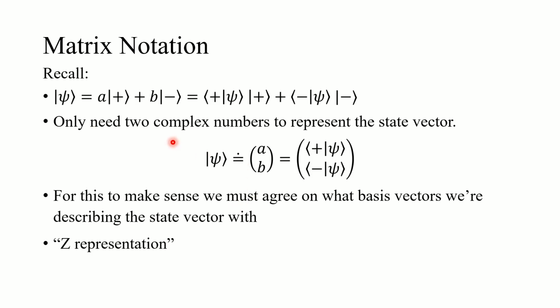So in this case, where we're using the spin up in the z direction and the spin down in the z direction as our basis kets, we're in what's called the z representation. So it can't be ambiguous which basis vector we're applying this to. A is going to be the spin up in the z direction, and B is going to correspond to the spin down in the z direction.